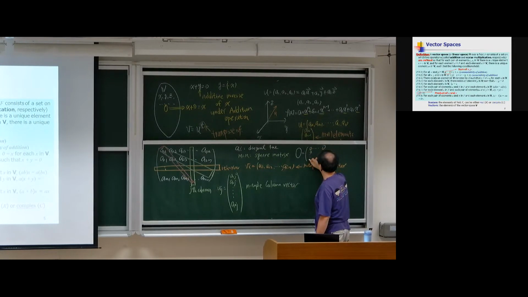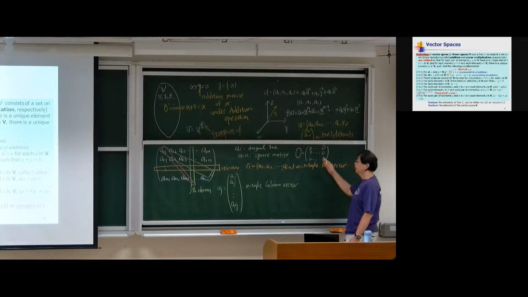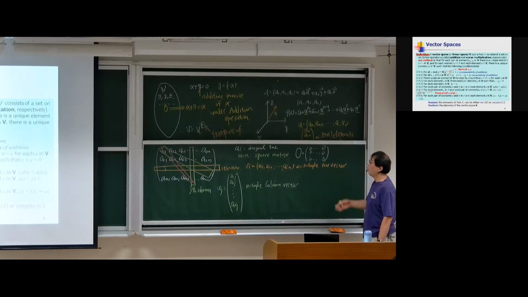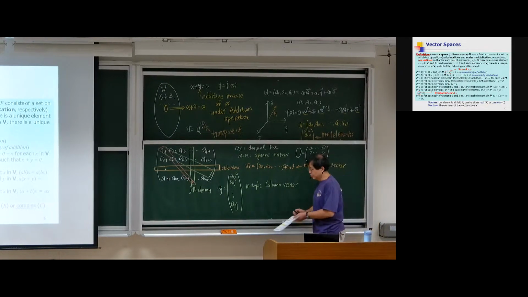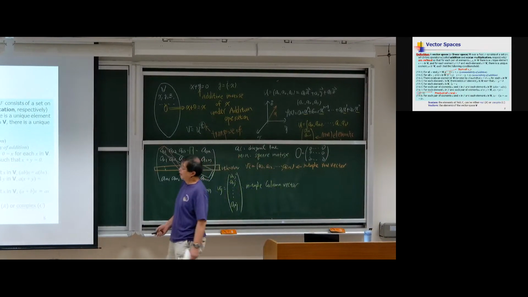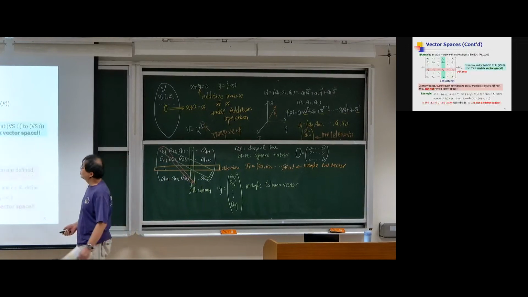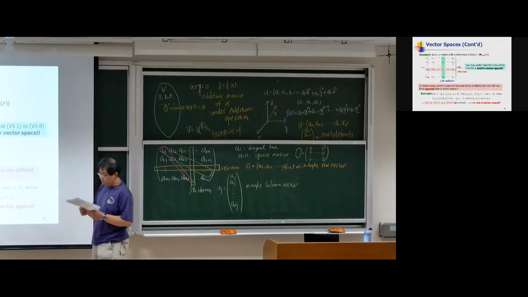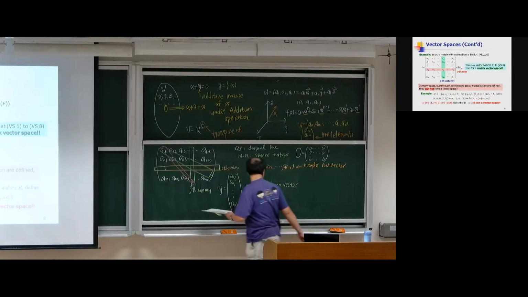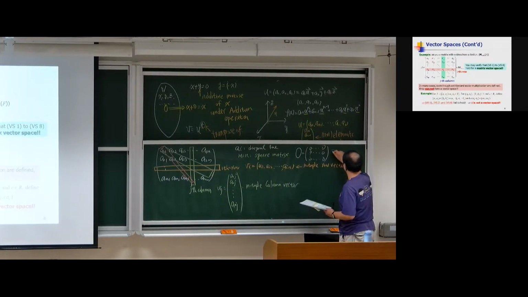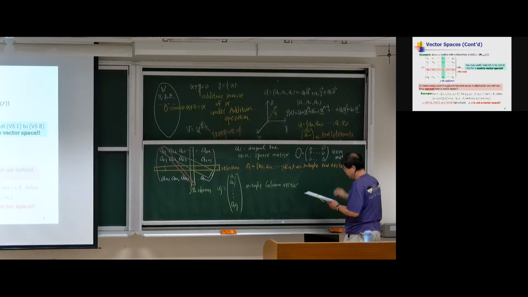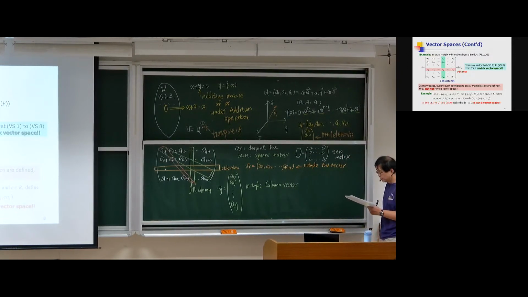All the elements, all the entries in this m by n matrix are all 0. So that is the 0 matrix of m by n. Okay, so we define the 0 matrix.